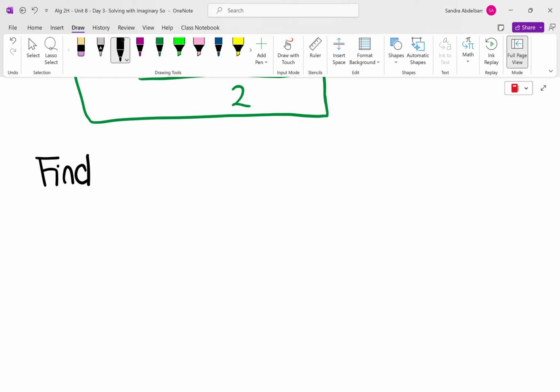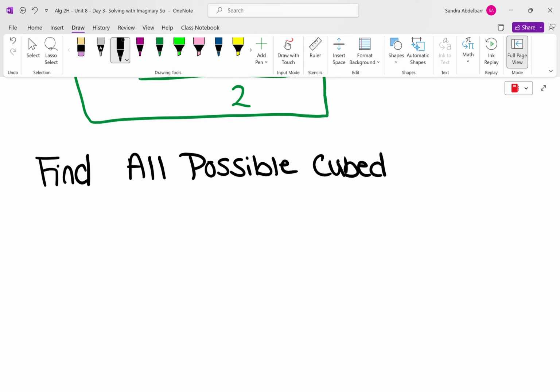All right, next one. I want us to find all possible cubed roots of negative 8.